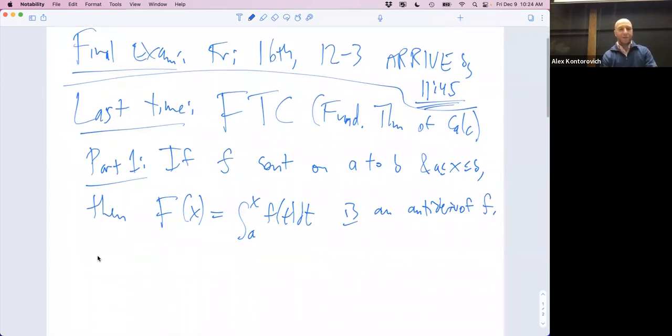In other words, if you take the derivative of the integral function up to x, you get exactly the value of f at the point x.